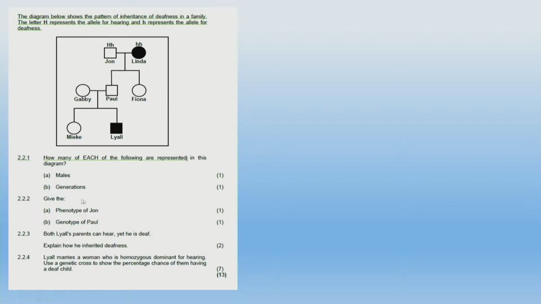And they must differentiate between the phenotype, what they can see, and the genotype, the genetic makeup of the gene component. So very important when we do pedigree diagrams.